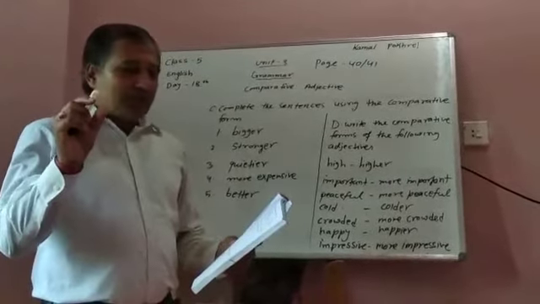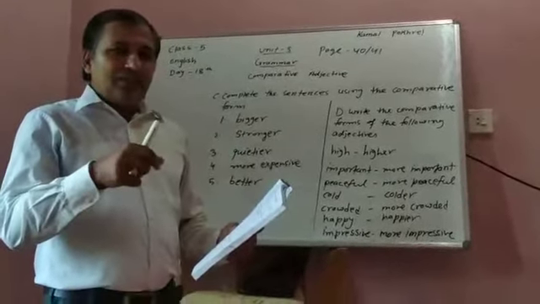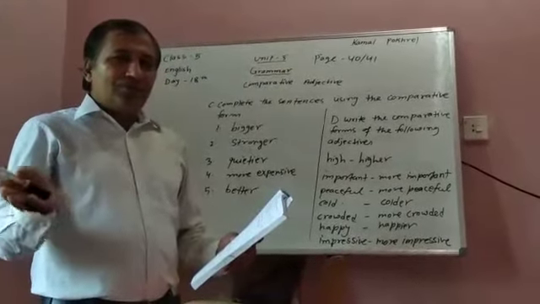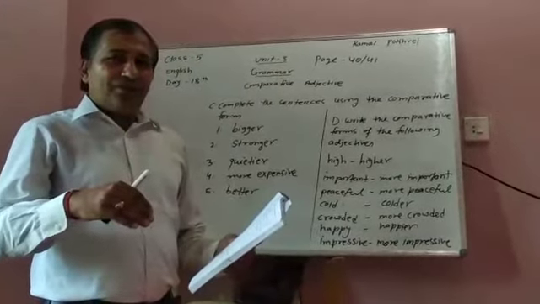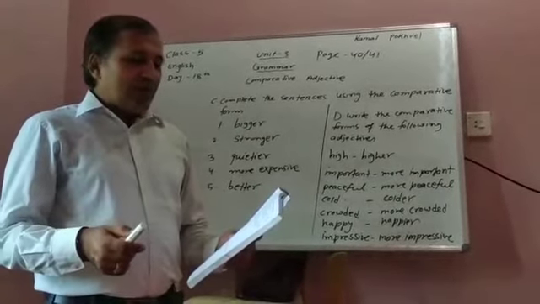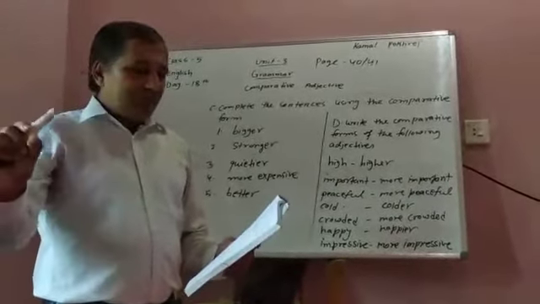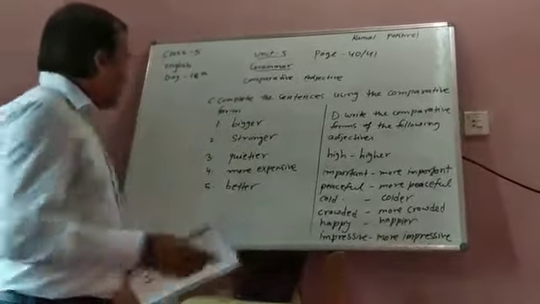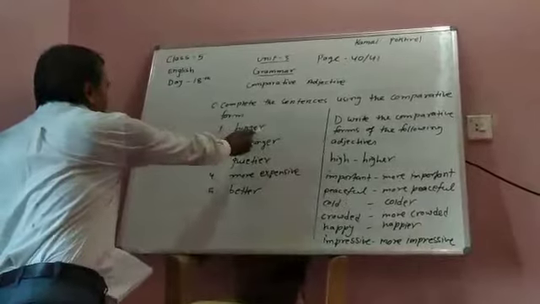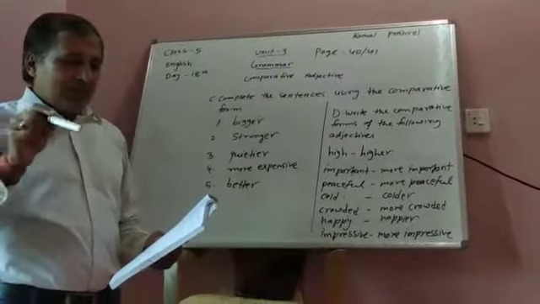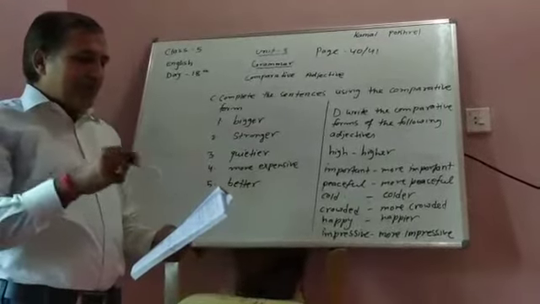The adjectives are given in the bracket, and you have to convert them into the comparative adjective. Question number 1. I would like to have a bigger car. Bigger, B-I-G-G-E-R. In the bracket there is big only, and you have to write bigger.